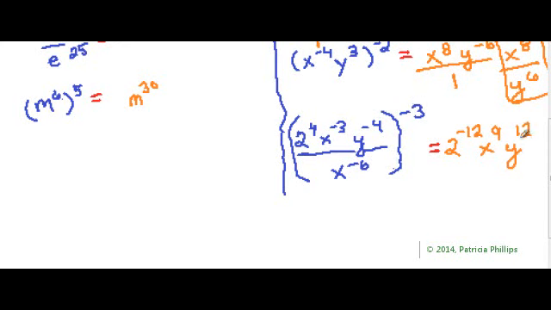So that's your new numerator. And don't forget, something is already in the denominator and it has a power. So let's raise that power to the power on the outside. And -6 times -3 is going to be a positive 18.